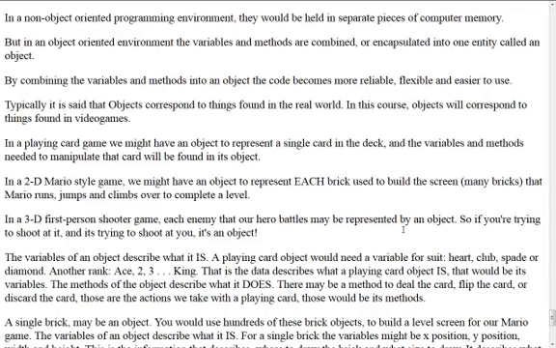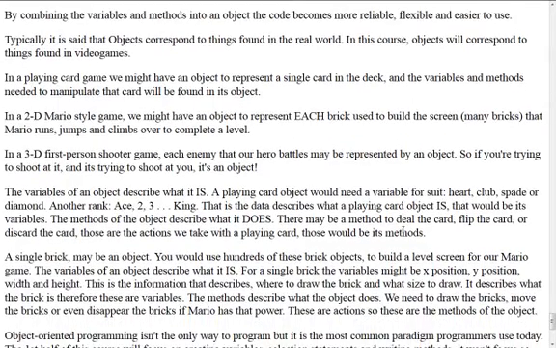Typically, it is said that objects correspond to things found in the real world. In this course, objects will correspond to things found in video games. In a playing card game, we might have an object to represent a single card in the deck, and the variables and methods needed to manipulate that card will be found in this object.